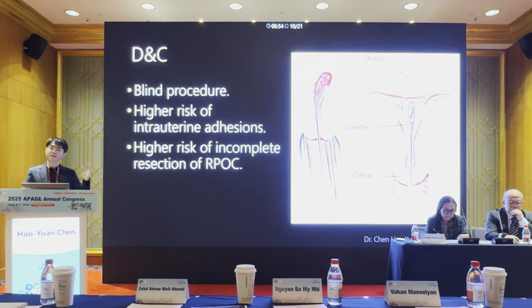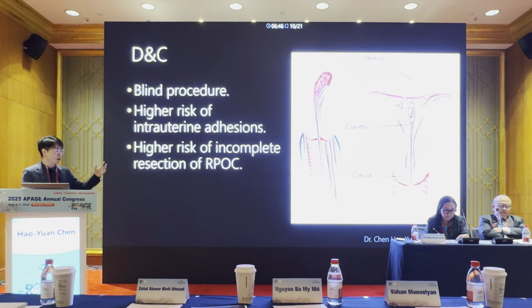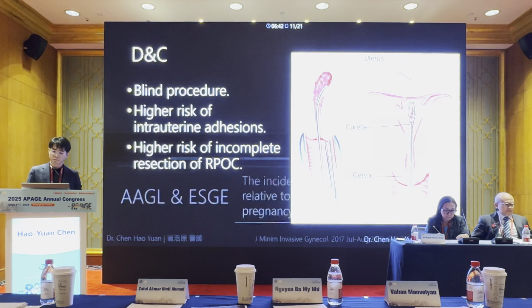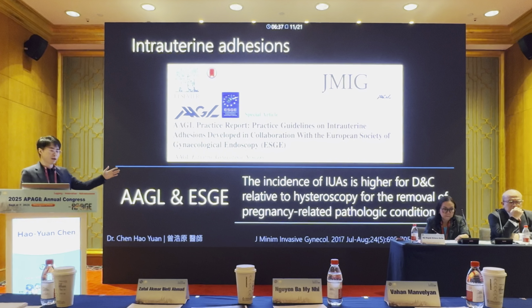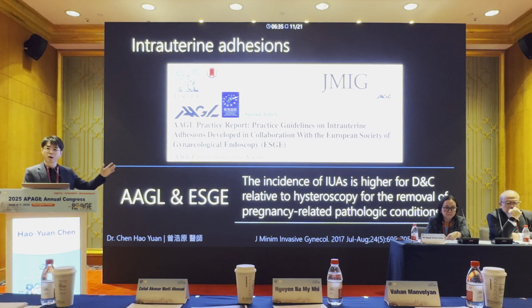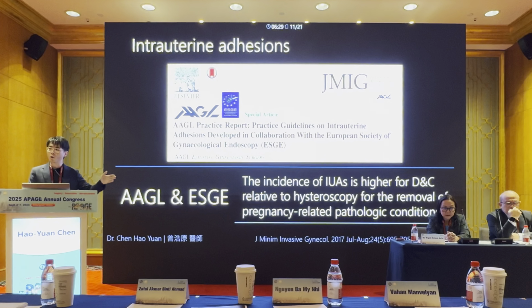DNC is a classic gynecologic procedure, but it is blind, so it has a higher risk of intrauterine adhesions and also a higher risk of incomplete resection of RPOC. Regarding IUA, there is a joint statement between AAGL and SGO. They concluded that the incidence of intrauterine adhesions is higher in DNC and lower in hysteroscopy.